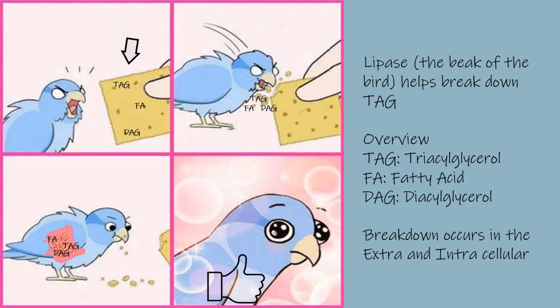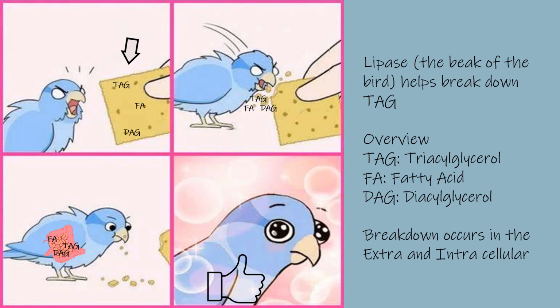The breakdown occurs both extracellularly and intracellularly. The extracellular breakdown occurs in the GI tract, as we can see with the bird in the intestine, and also in the blood. The intracellular breakdown occurs in the lipid droplet. A fun way to remember the location: think of a little bird, and then it's occurring in the intestine, with your TAG and the other two, fatty acid and diacylglycerol.